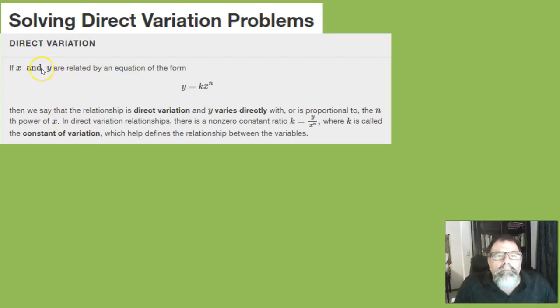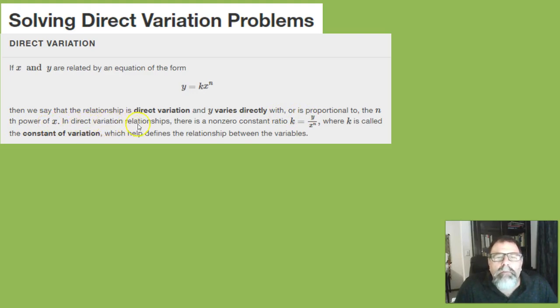Okay, what is direct variation? So direct variation: if x and y are related by an equation of the form y equals kx to the n power, then we say the relationship is direct variation, and y varies directly with, or is proportional to, the nth power of x.